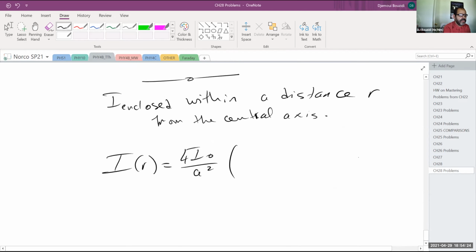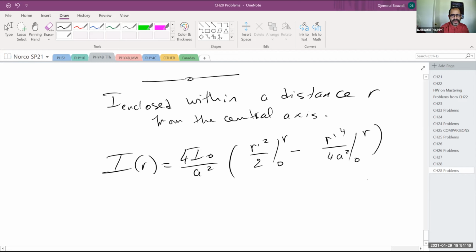So it's going to be r prime squared over 2 integrated between 0 and r, minus r prime to the power 4 over 4 a squared, again with the boundary of integration from 0 to r.